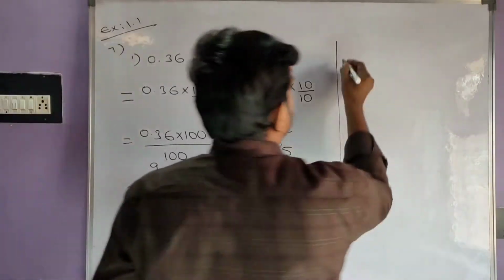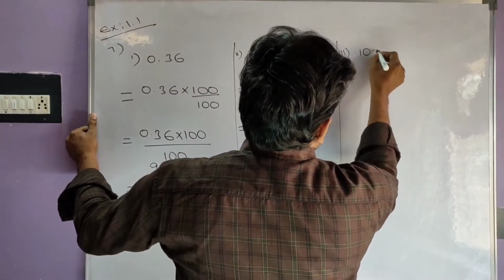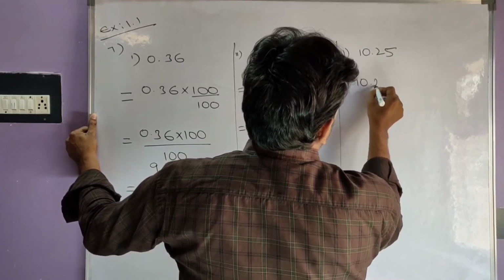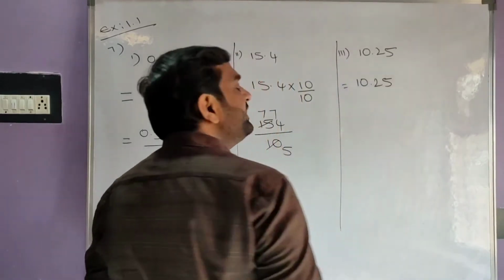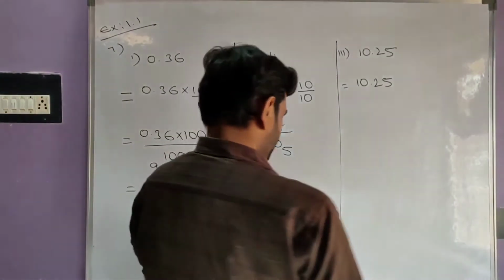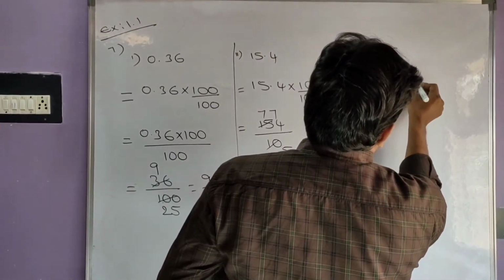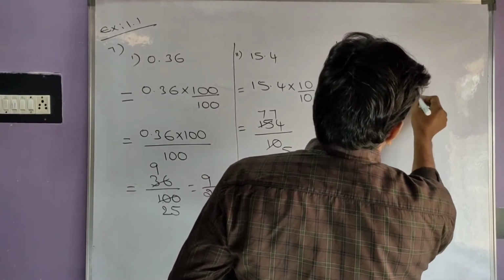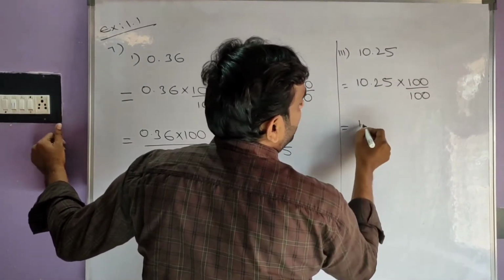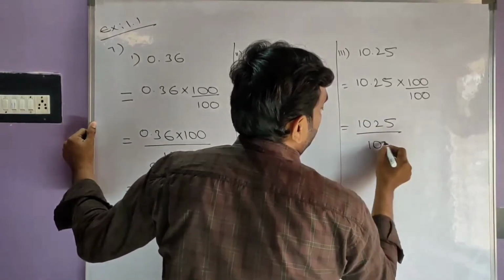10.25. It can be written as, after decimal point how many digits are there? Two digits are there. So multiply with 100 and divide with 100. 10.25 into 100, it can be 1025 by 100.